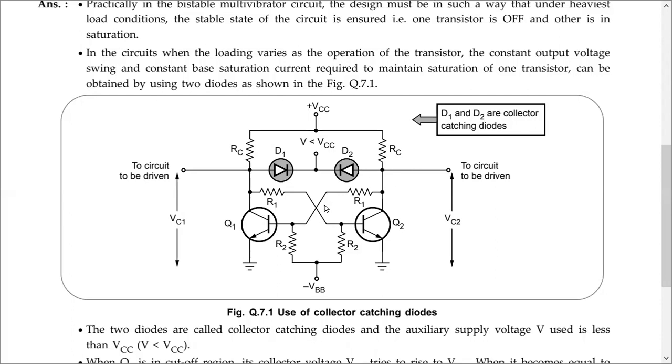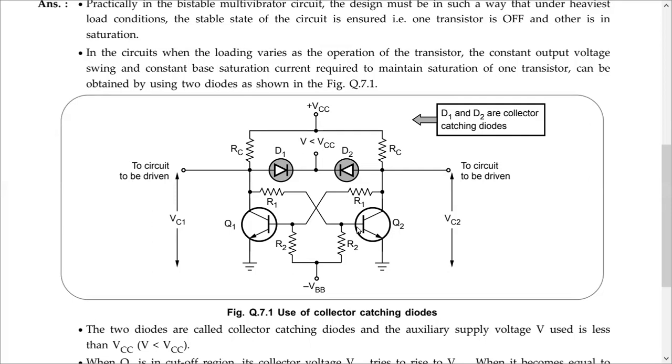So again, quickly, I am repeating: how can we make sure that sufficient current flows through the base of the transistor when it is required to turn on the transistor.